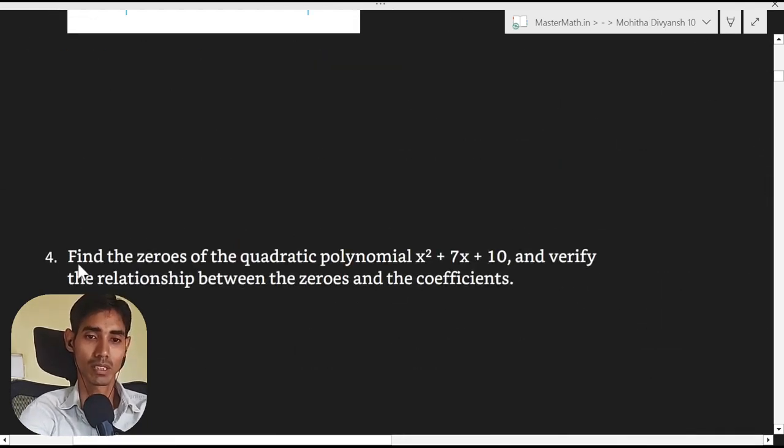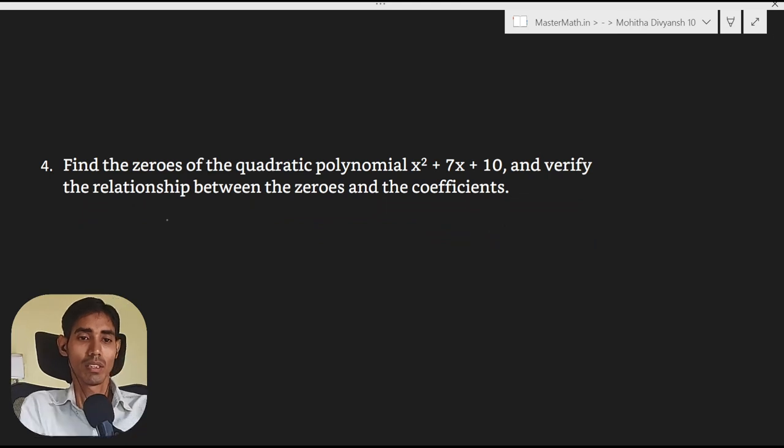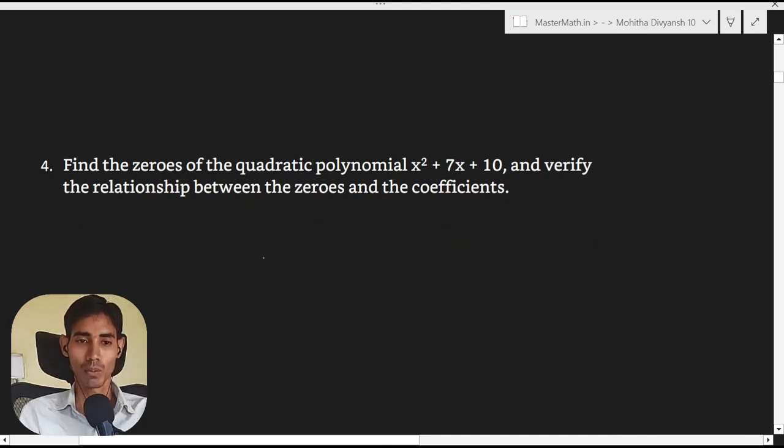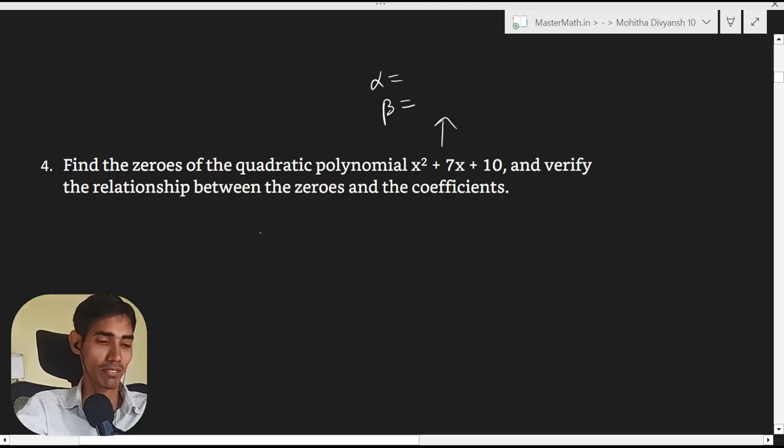So let's try the fourth question. Now find the zeros of the quadratic polynomial. So we'll split the middle term and find the zeros. So alpha beta values would come from here, and then we need to verify the relation between zeros and coefficient. So we need to use that identity we just got. So get the value of alpha beta first.